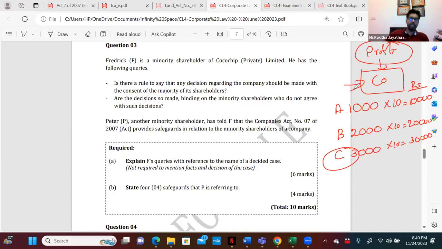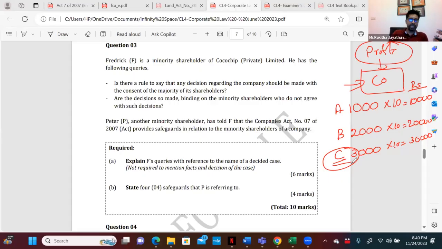If something happens to the company, if the company incurs a loss, who will have to suffer more? It is C, because he has invested more.